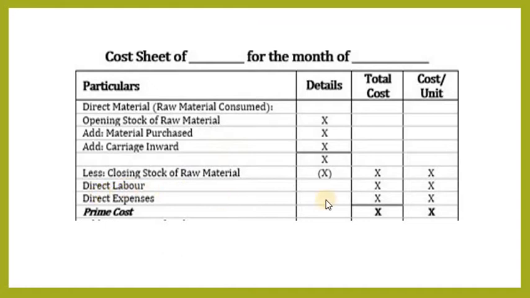Then direct labor and direct expenses. All three are calculated this way. Adding all three, we get the prime cost: direct material plus direct labor plus direct expenses.